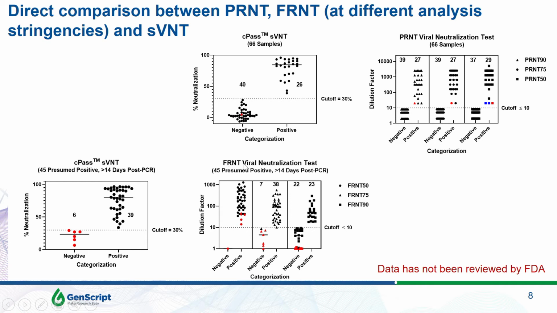For foci-reducing neutralization test, we looked at 45 presumed positive samples, and again, the results were quite close between cPass and FRNT at a 75% stringency, with the same 6 negative samples called negative for the live cell test versus the cPass test.